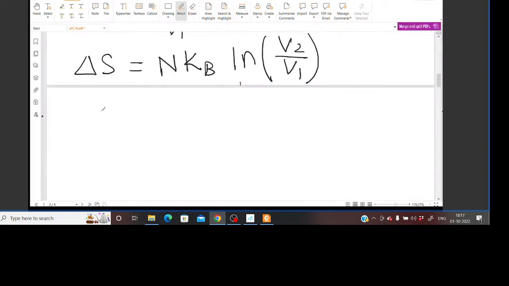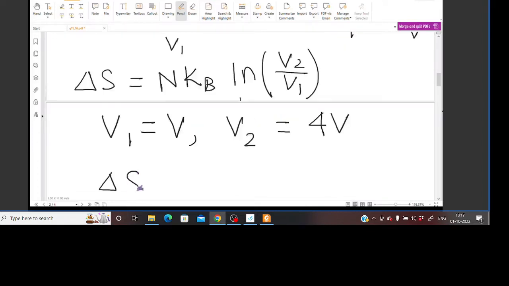In this problem, we have V1 equal to V and V2 equal to 4V. So delta S is equal to N kB log 4.